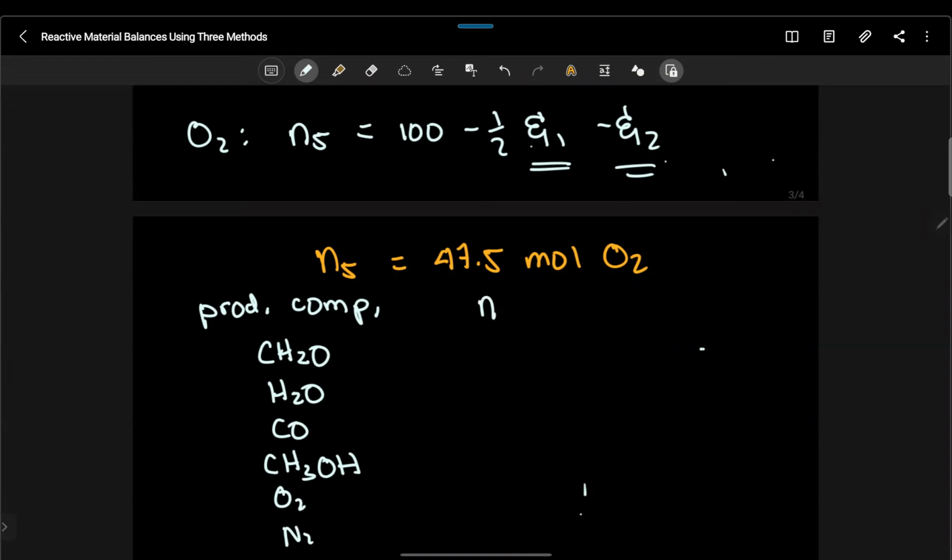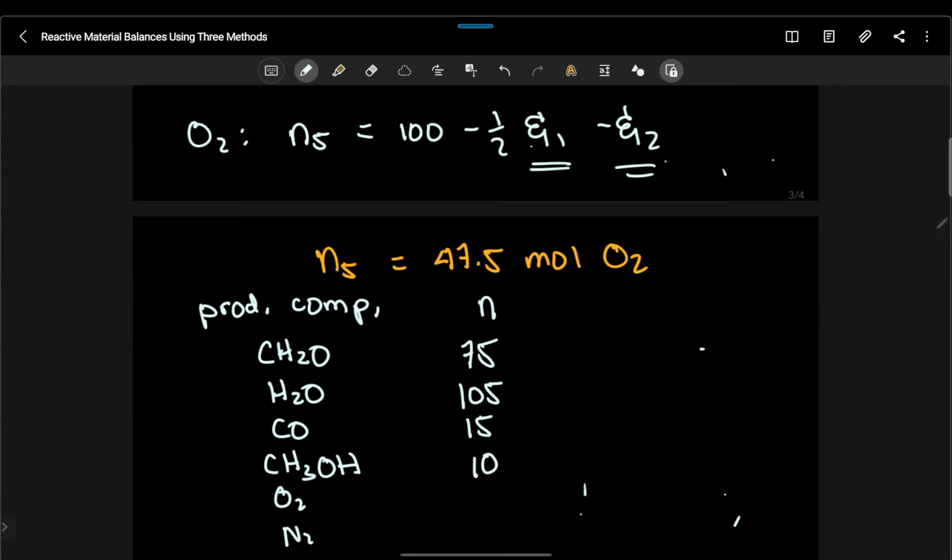So, N1 is 75. Okay, si water, which is N2, that's 105. Si carbon monoxide, that's N3, 15. Si methanol is N4, that's 10.